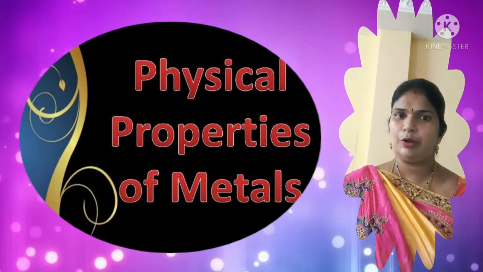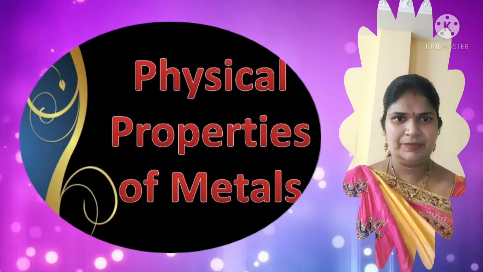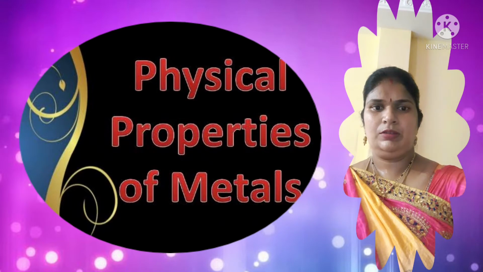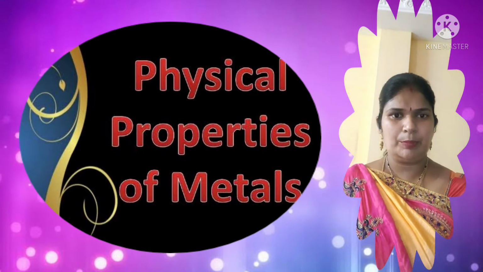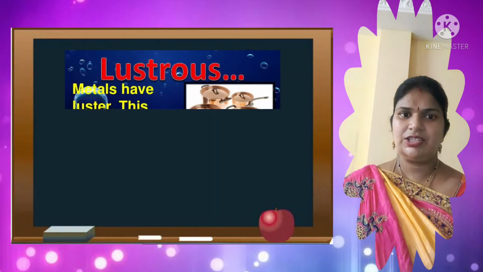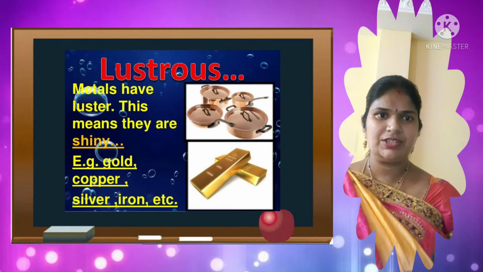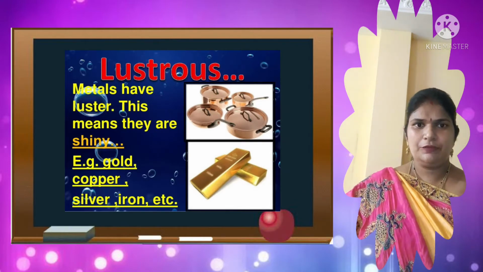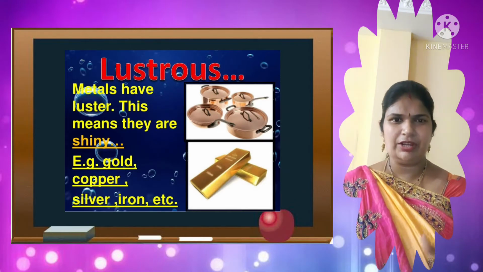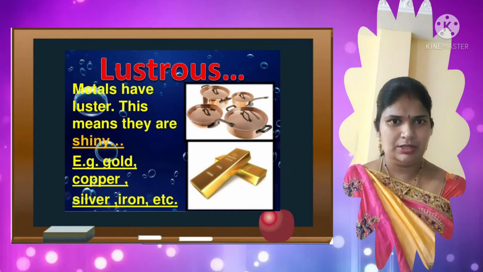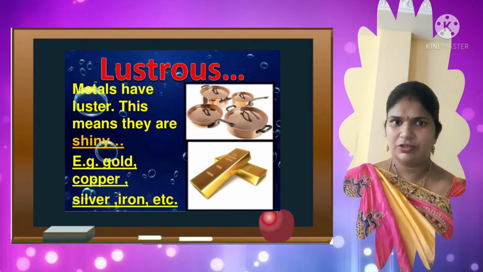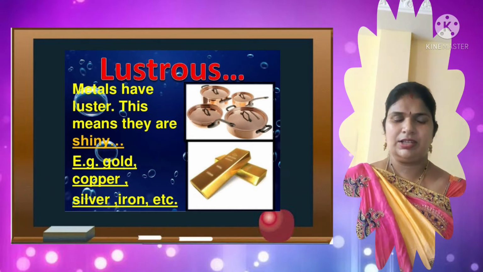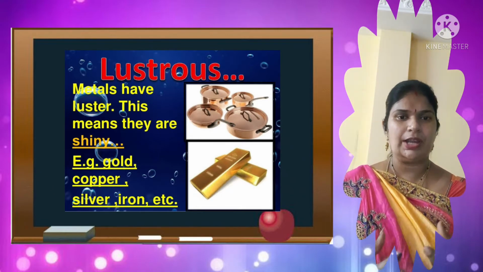The physical properties of metals. The first physical property of metals is the lustrous property. Generally, metals are lustrous in nature. Do you know the meaning of lustrous or luster, children? That is, they glitter or shine.